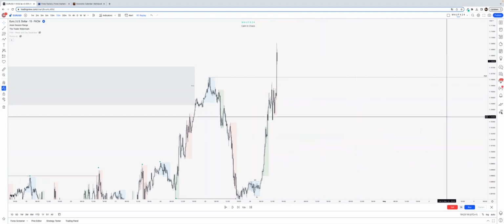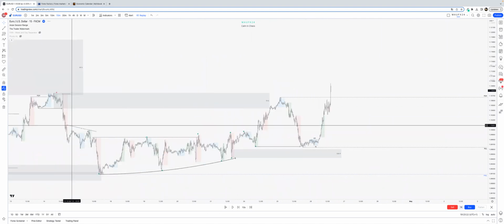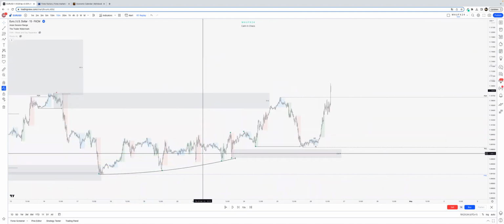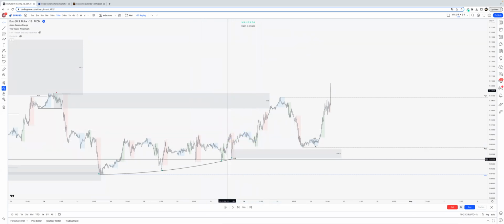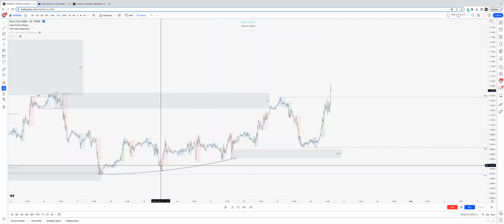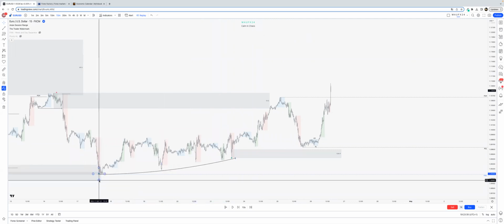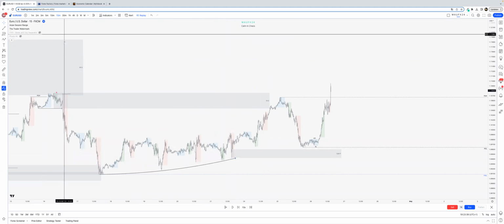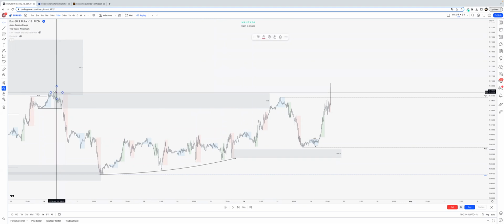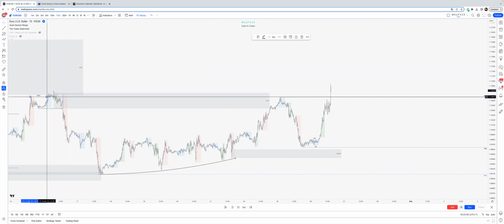Remove this. Now we can take off all this because this is not relevant anymore. We can take off this because this internal range structure is not relevant anymore. And there you go. Take off this.